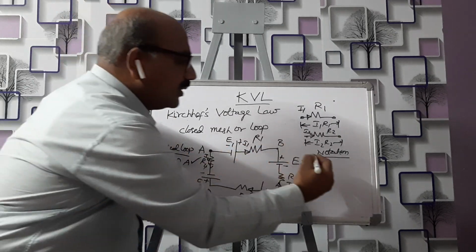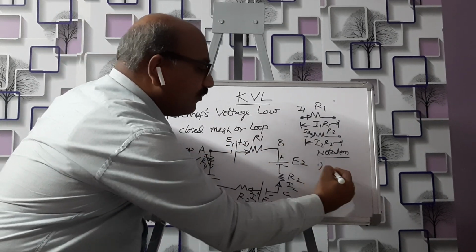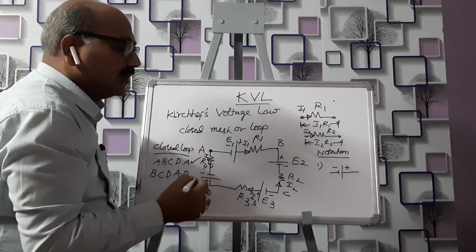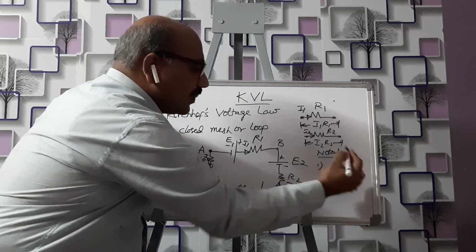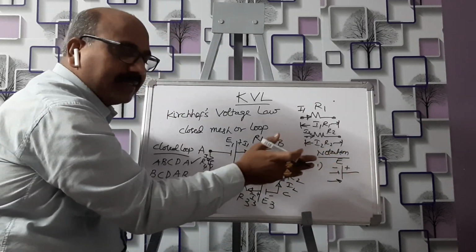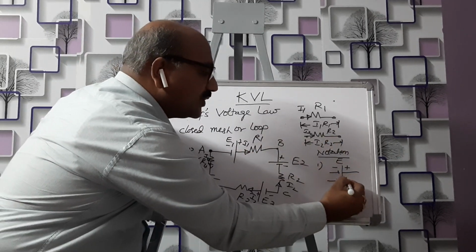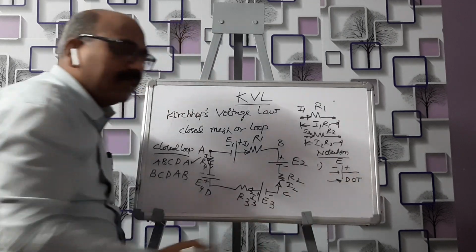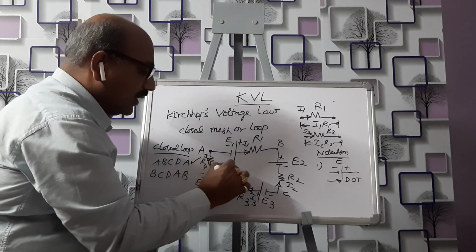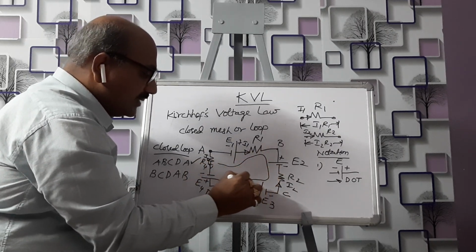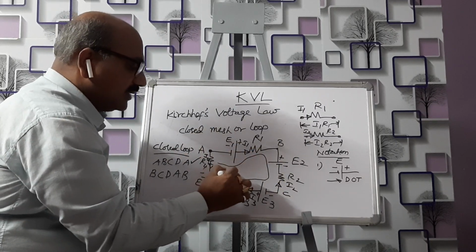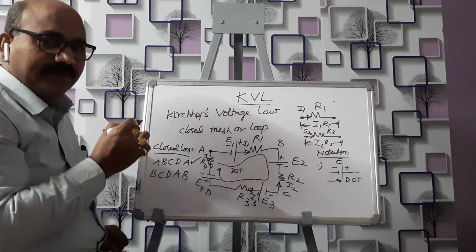The first rule is for a battery: if the direction of travel is minus to plus, we call it DOT, direction of travel. Suppose I am traveling from node A to B, B to C, C to D, and so on. In which direction? Clockwise. This is your DOT, direction of travel.